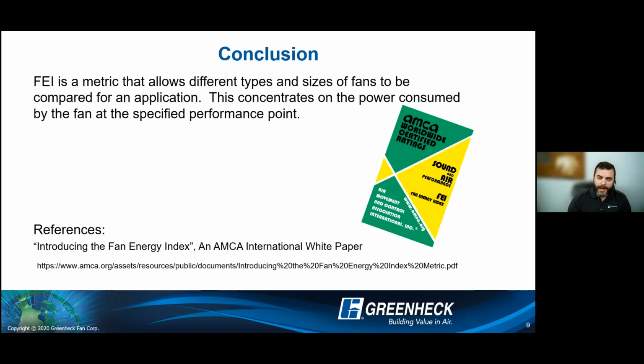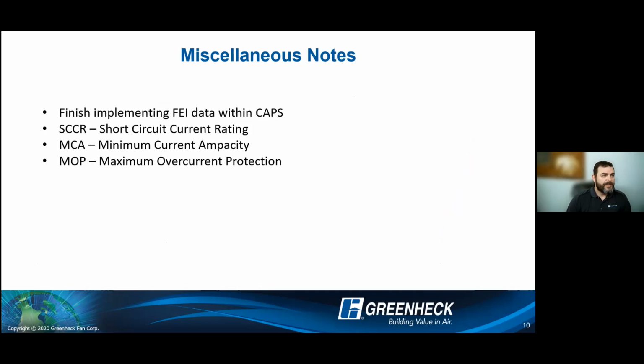This is just information added, something that Greenheck has done a little differently for many of our business units. And this is first, FEI data. One of our main jobs is to implement and get this data on our catalogs so that you can use them like we just talked about, right?